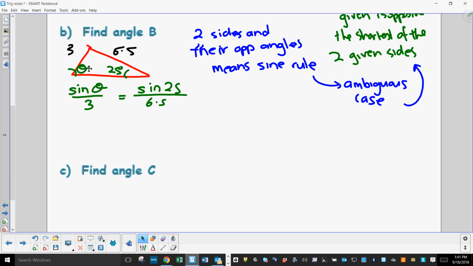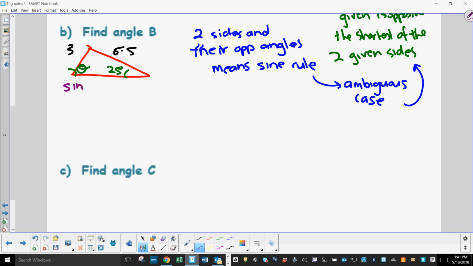Check if we're good with that stuff. So I'm sure you didn't break that. Sine theta and 6.5. And then you probably rearranged it and found the answer.